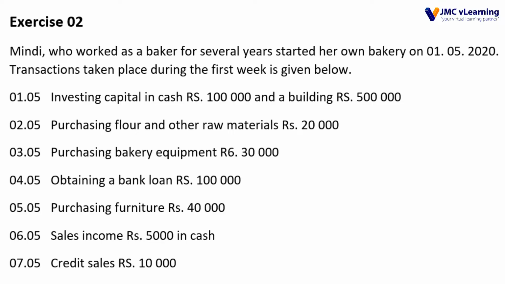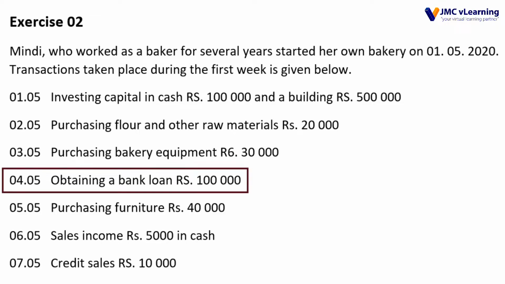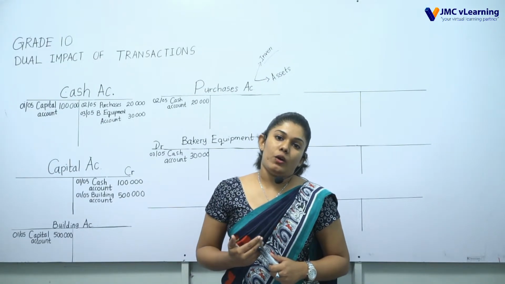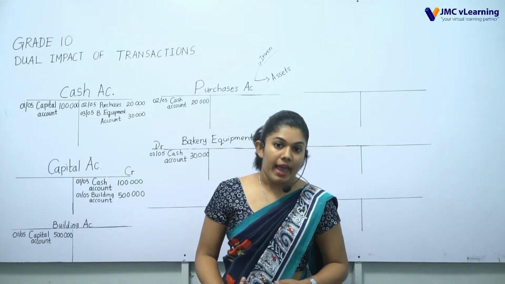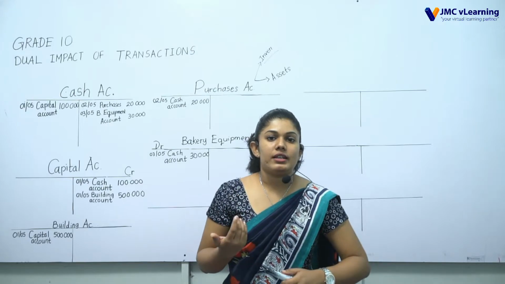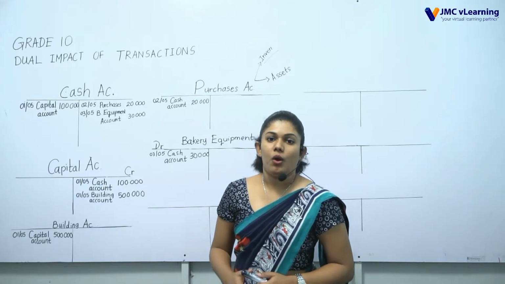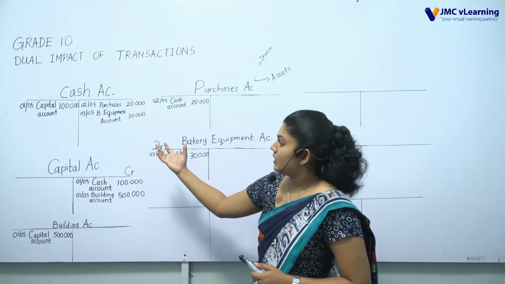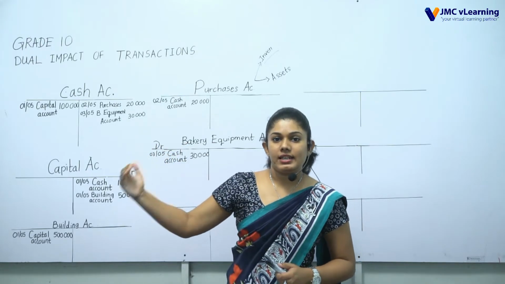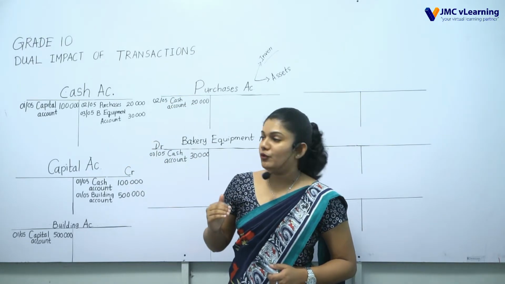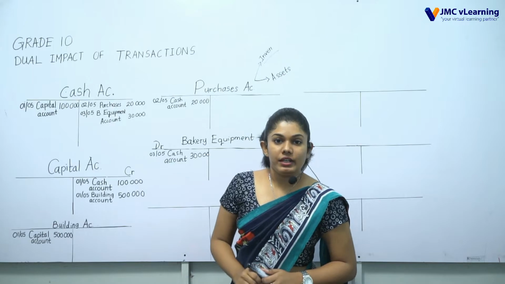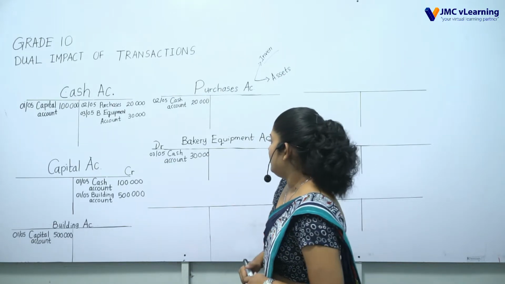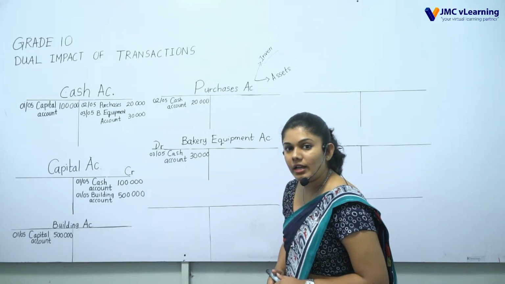Next entry, obtaining a bank loan 100,000. When obtaining a bank loan, we receive cash and also we create another liability, bank loan. So, when we receive cash, the asset increases. Therefore, debit side of the cash book. And liability, there's a new liability.